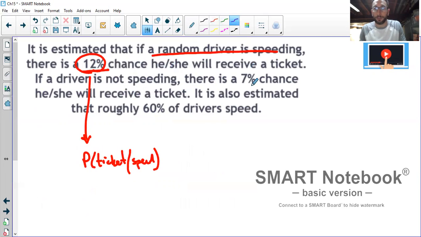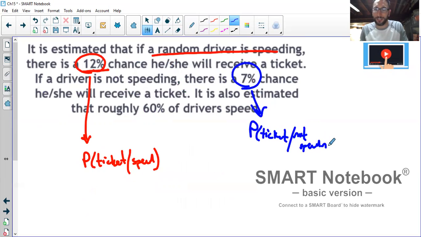And over here, similarly, this 7% is the probability you get a ticket given you were not speeding, because there's other stuff you can get tickets for. The fact that we're given conditional probabilities may be a little harder to recognize than the sequence of events, but that also suggests that a tree diagram might be a good way to model a given situation.